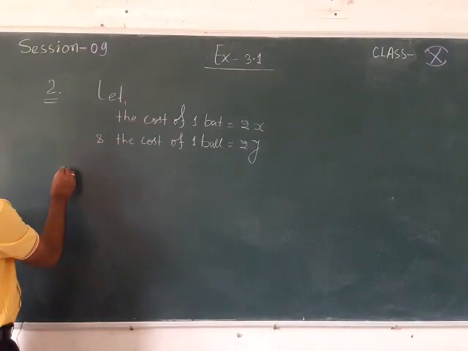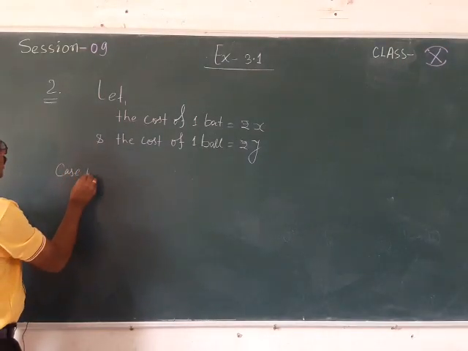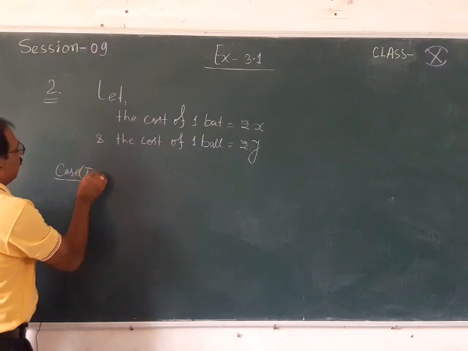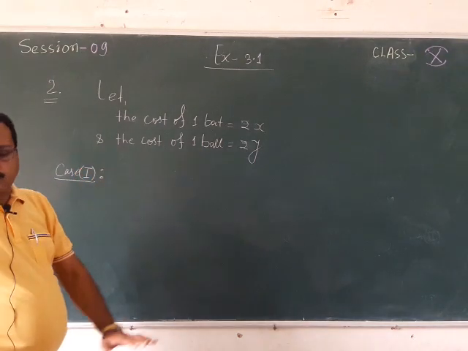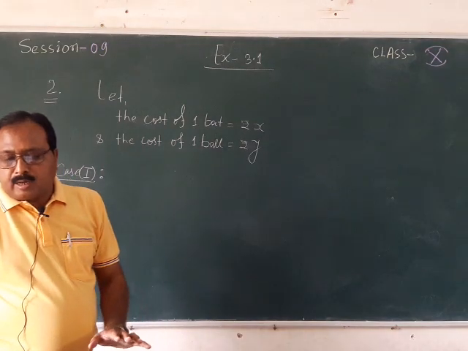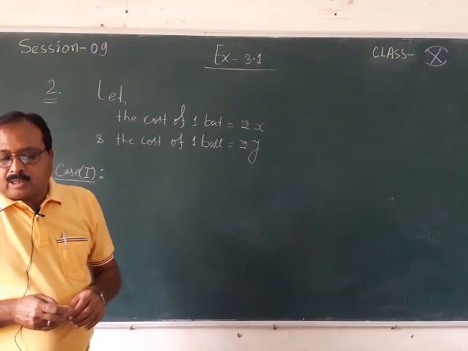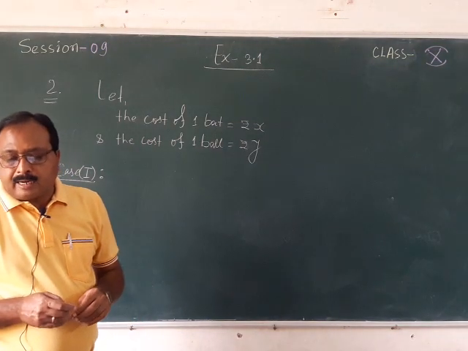So there are two cases. You have to observe the case first. In the first case, what is given? According to the first case, you have to frame the first equation. Now, the number of bats is 3 and the number of balls is 6.